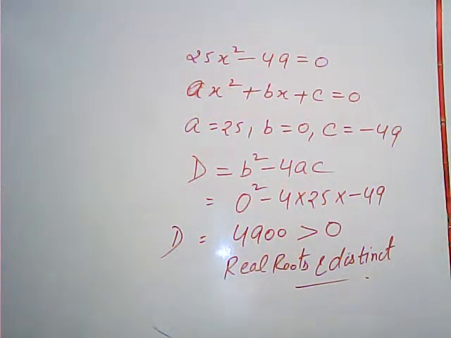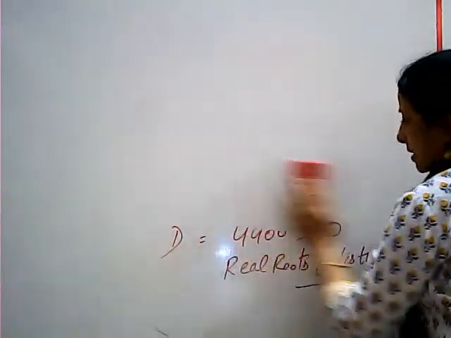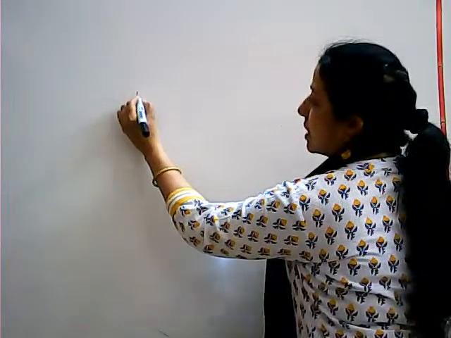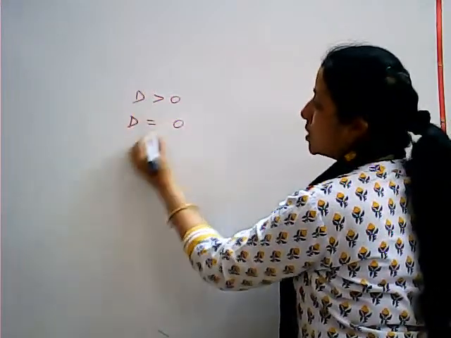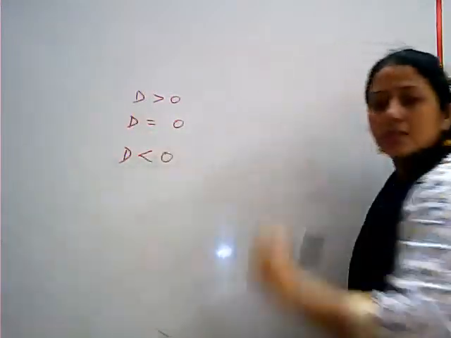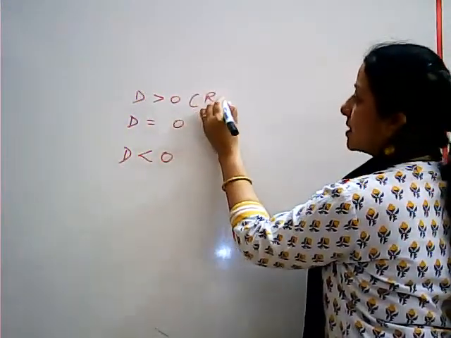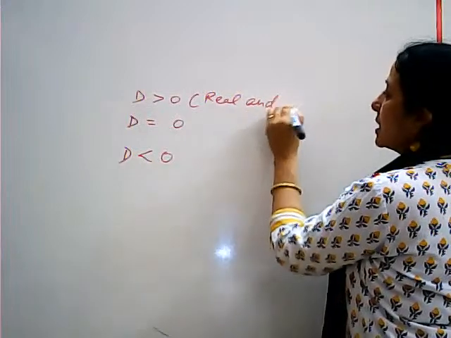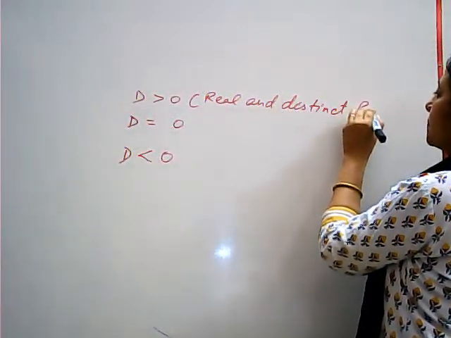Okay, the last one, question number 16. In nature, we only have to find out the value of D. If D is greater than 0, what are the values if D is greater than 0? Second is if D is equal to 0, and the third one is if D is less than 0. If D is greater than 0, you will write real and distinct roots.